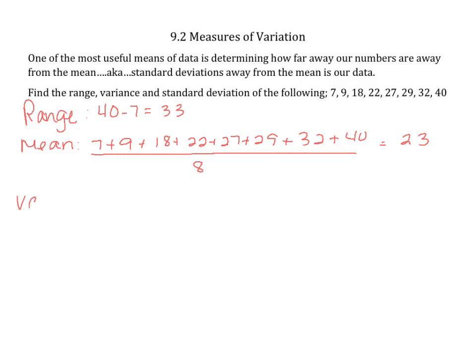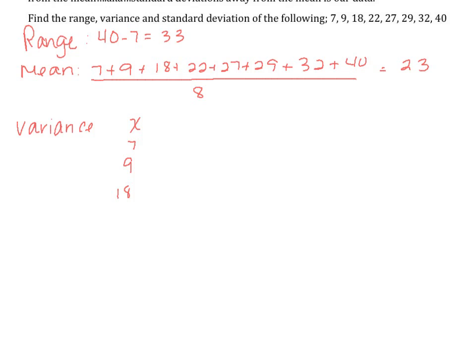So now how we find variance. We have our numbers, and we're going to call them just a random x. And then we're going to take those numbers and square them.